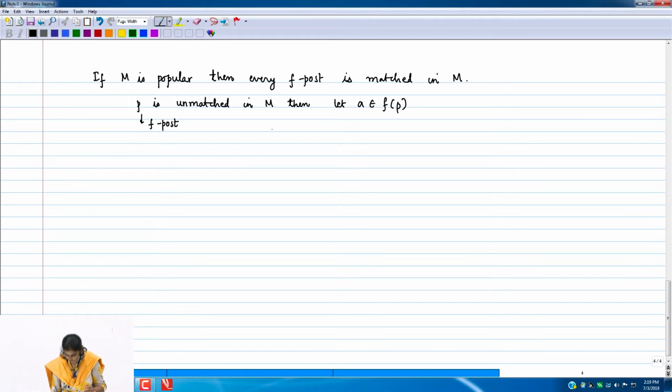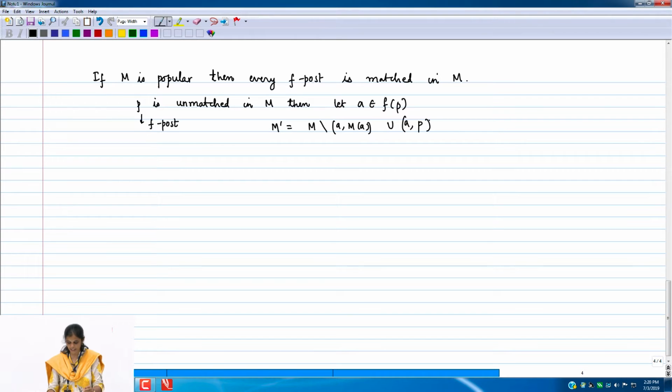So what we formally do is M prime is equal to M minus (A, M of A), assuming A is matched, and union (A, P).